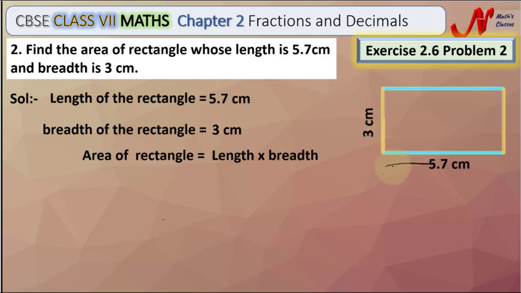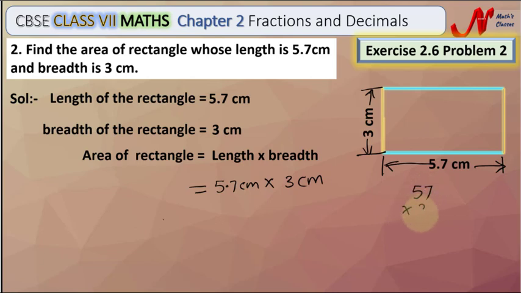The length of the rectangle is 5.7 centimeters and the breadth is 3 centimeters. We already know that the area of a rectangle is equal to length into breadth. So we substitute the length value 5.7 centimeters and breadth value 3 centimeters, and we find the product.